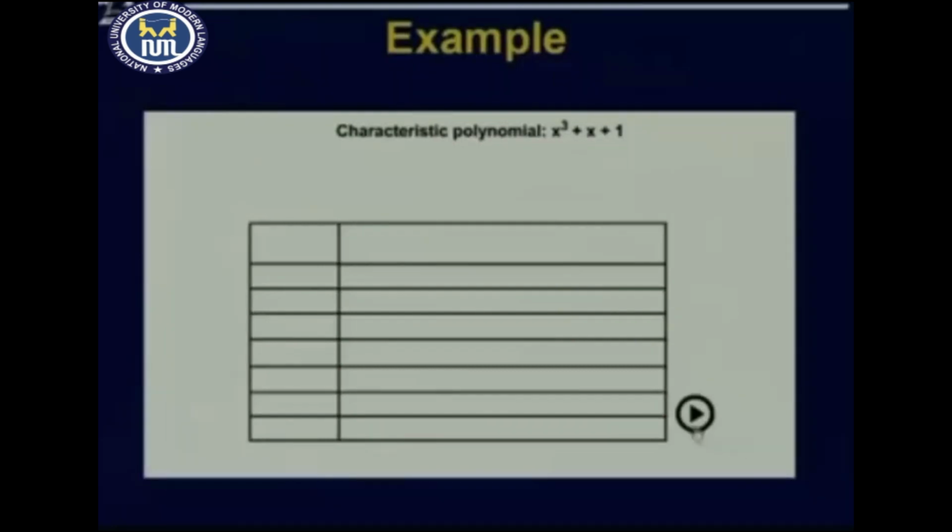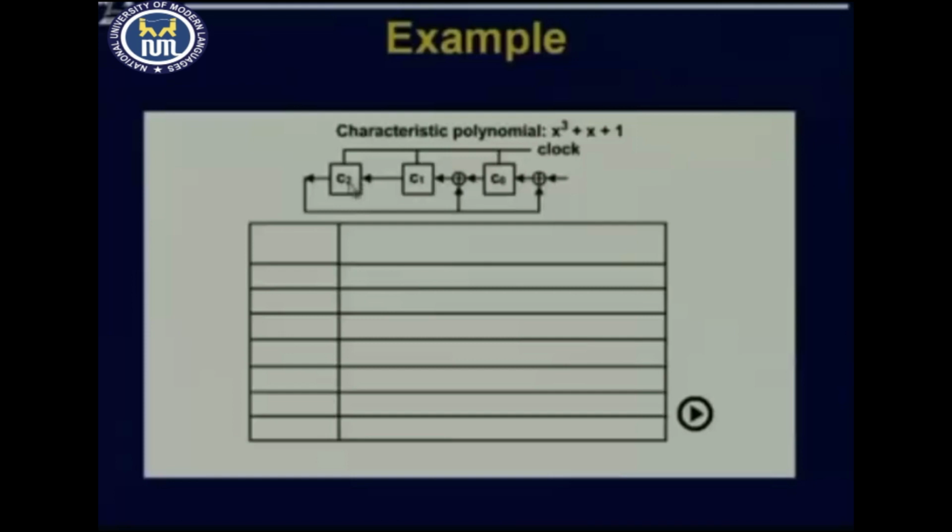Since it is of degree 3, the number of flip-flops will be 3: 1, 2, 3, C0, C1 and C2. 3 flip-flops and 2 exclusive OR gates, which are linked with 1 and x. x cubed is the feedback, so we don't need any more exclusive OR. So we just need 2 exclusive OR gates. So this will make the necessary hardware for performing the division.